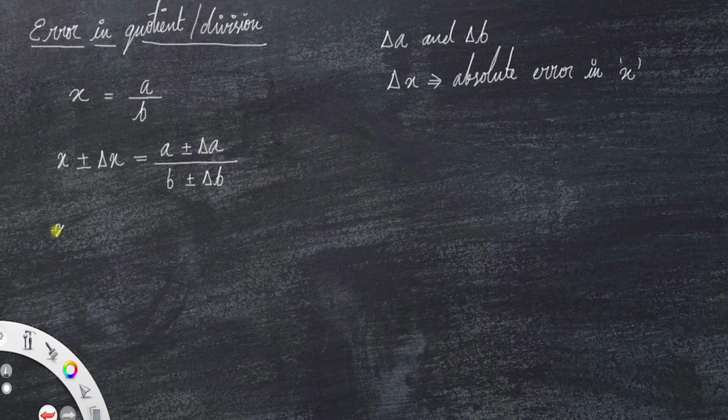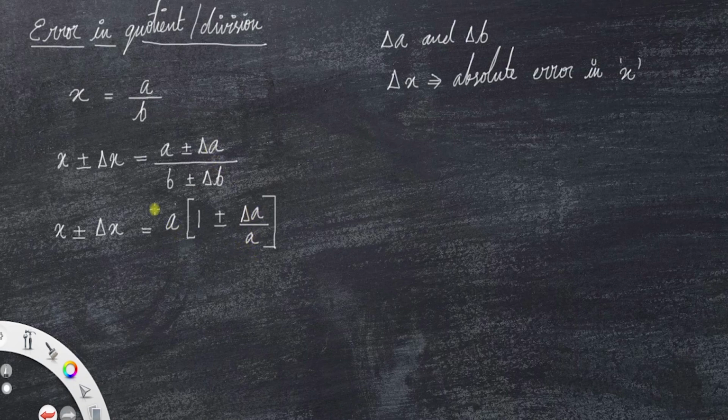Now if you take a out, you have to put the bracket. If you remove a, it will be 1 plus or minus delta a by a. If you multiply a into 1 is a, a into delta a by a, the a and a will get cancelled, it will be delta a.